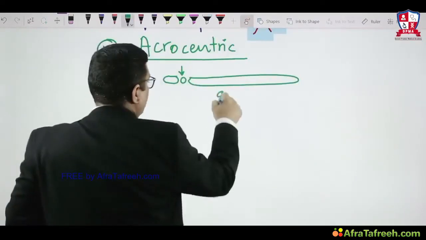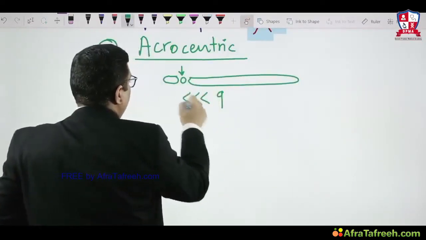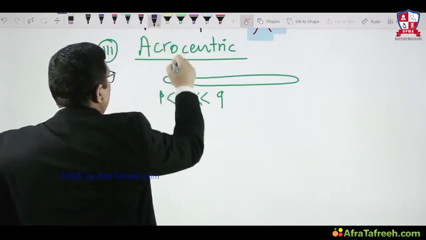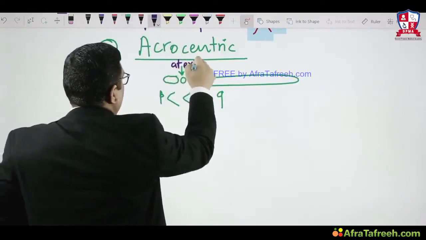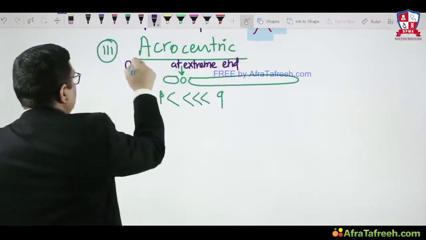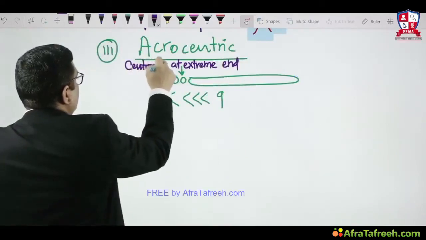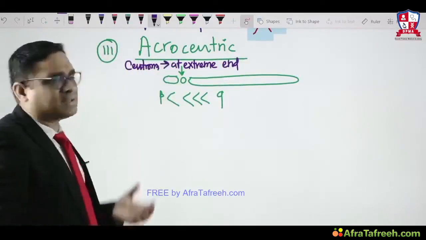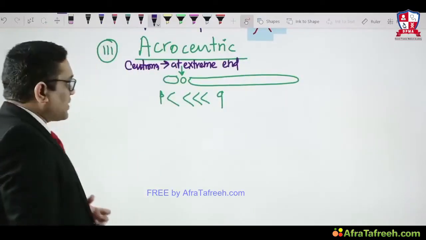So here we can see the long arm is very long in comparison to the P arm, and the centromere is at the extreme end. So these are called acrocentric chromosomes, right?